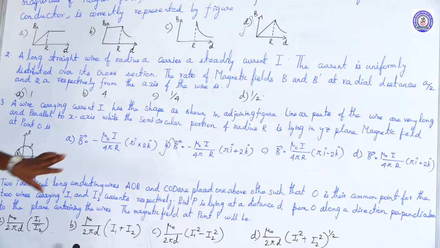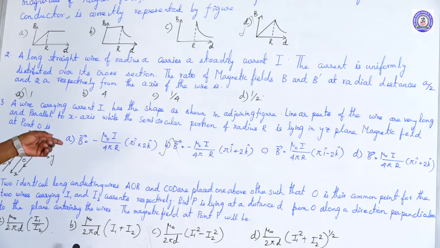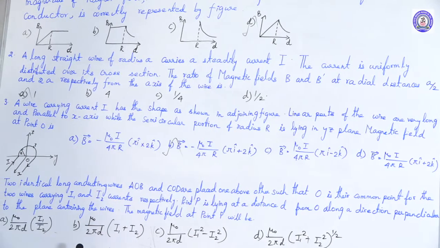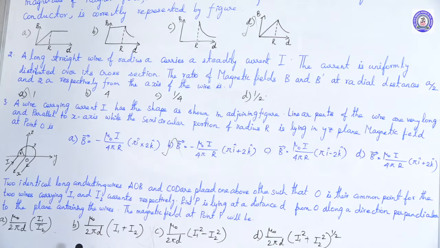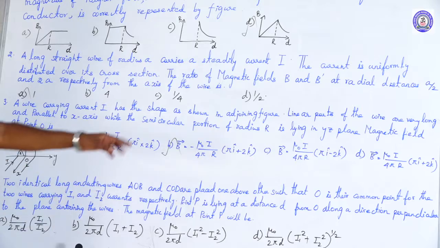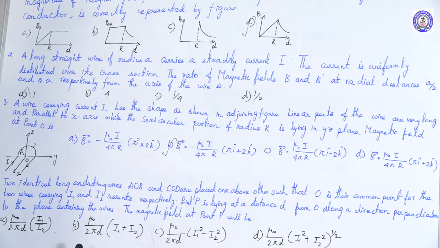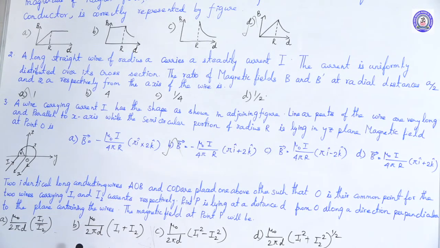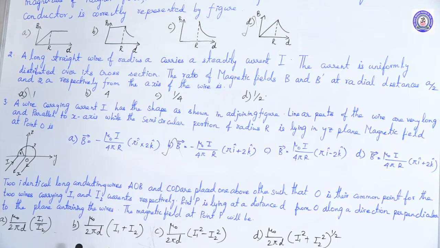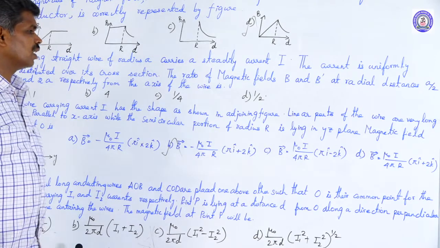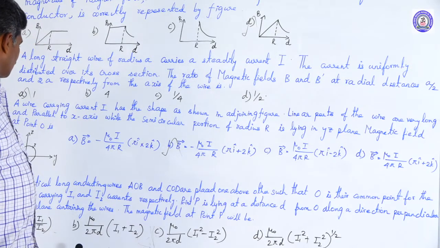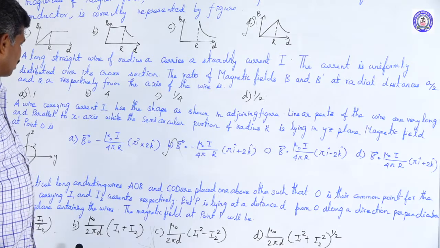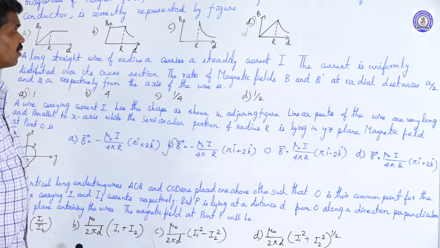Both conductors are of infinite length, and they have a common point O. They are placed one above the other such that O is a common point for the two wires carrying currents I1 and I2 respectively. Point P is lying at a distance d from O, perpendicular to the plane containing the wires. What is the magnetic field at that point P?